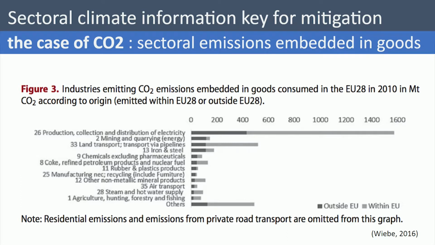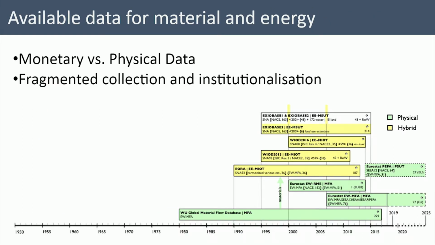So, why is this data important, and what could we do with even more detailed data availability? Here's an overview of the aggregated data sets which exist today to make policy and to act on supply chains. So we have aggregated data sets going from 1980 to 2015 to understand the dynamics of material and energy change.